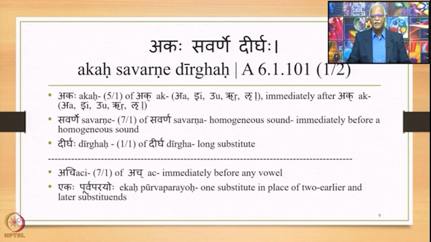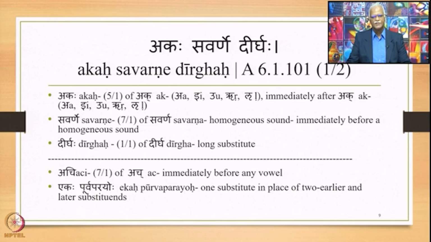Savarne is 7/1 of Savarna. Savarna is homogeneous sound. And what is a Savarna? We studied this concept in detail in the previous lecture, where we studied the definition of Savarna given in the Ashtadhyayi, namely Tulyasya Prayatnam Savarnam and Najhalau 1.1.9 and 1.1.10.